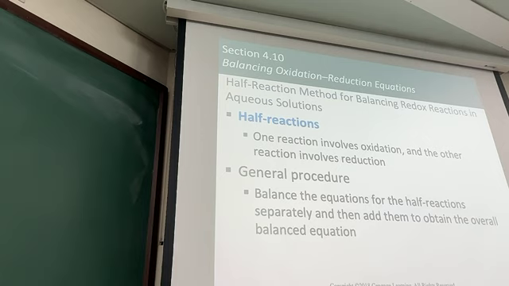And then the reduction reaction. This is O2 reacting to H2O. And here we are going from 0 to -2, and we have to do this one. Sorry, 2. Yeah, this would be correct.